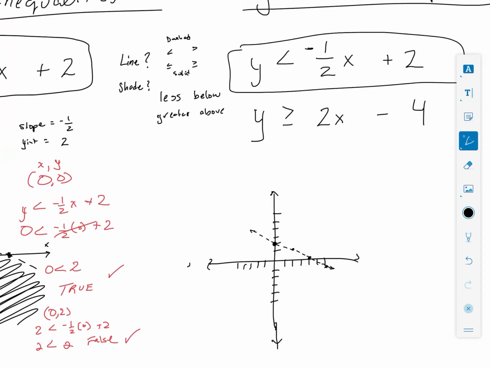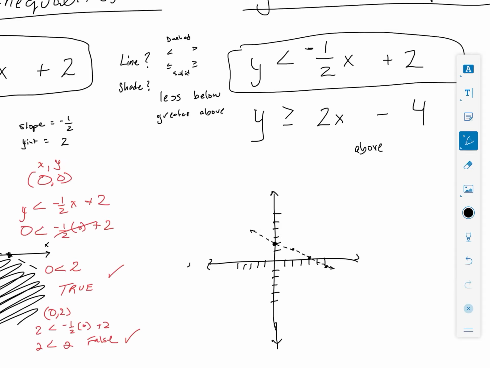For my second graph, I have to determine if I'm using a dotted or solid line, and if I'm shading above or below. It says y is greater than or equal to 2x minus 4. I have a greater than sign, meaning I definitely will shade above.